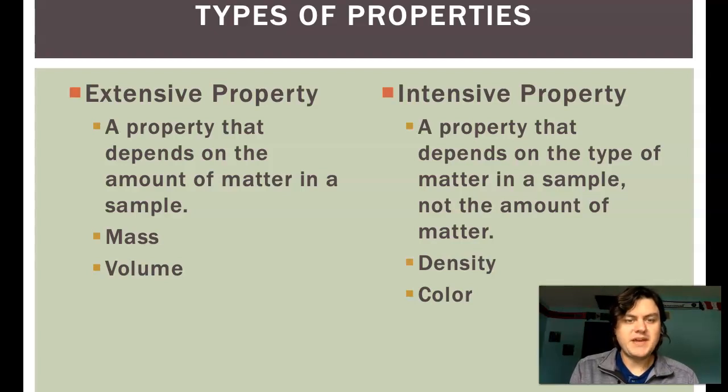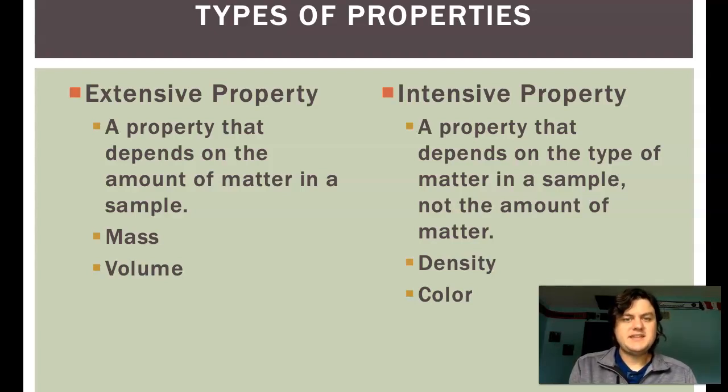I think a really interesting example of thinking about extensive versus intensive properties is heat capacity versus specific heat capacity. Later on in the year, we will get to some experiments and calculations working with heat capacity and specific heat capacity, but we'll just kind of talk through them here.